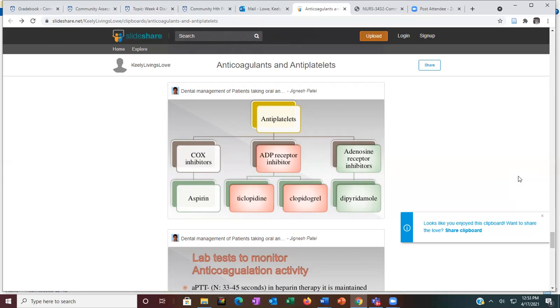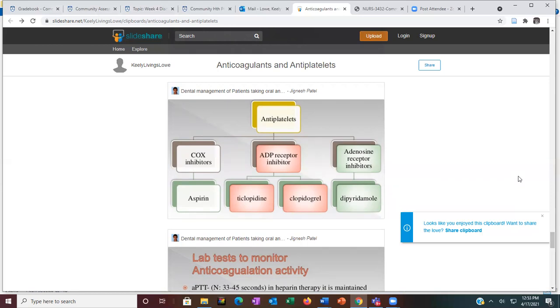And like we said, some of these medications, their only job is to prevent platelets from sticking together, and they may prevent them from sticking together for a longer period of time, whereas something like aspirin is going to work to thin blood or to prevent platelets from sticking together for the life of the platelet.